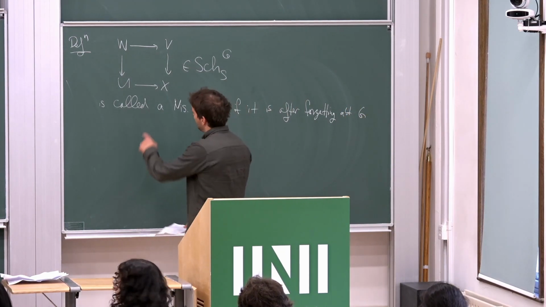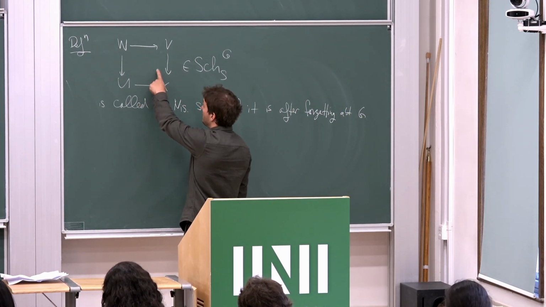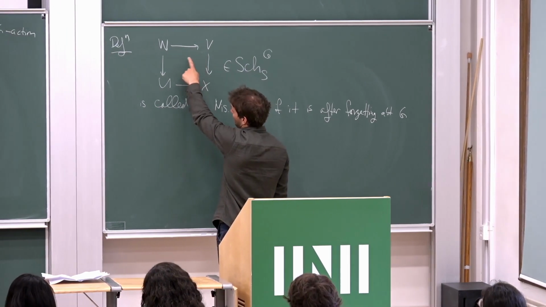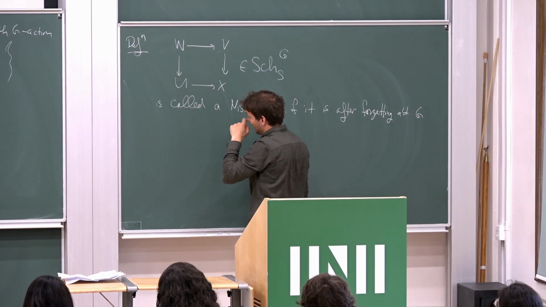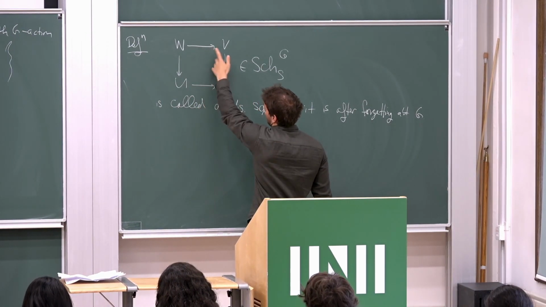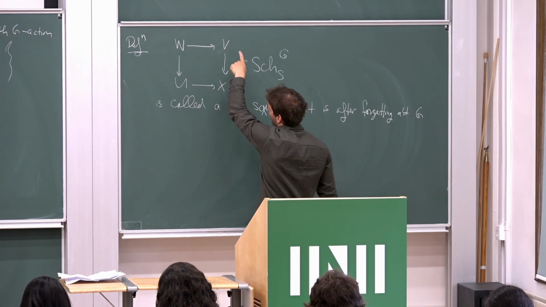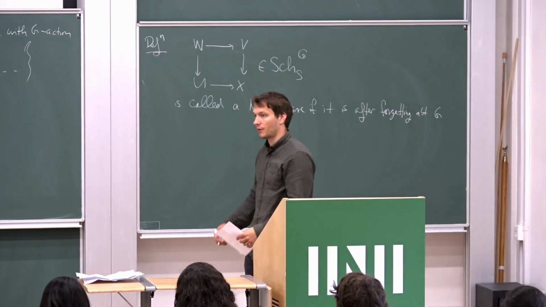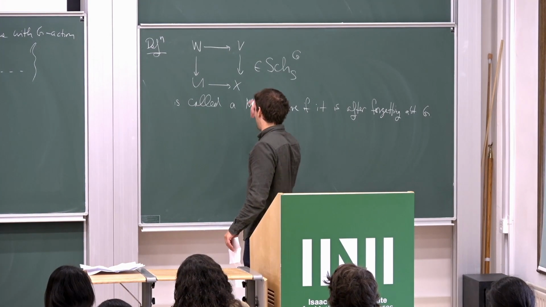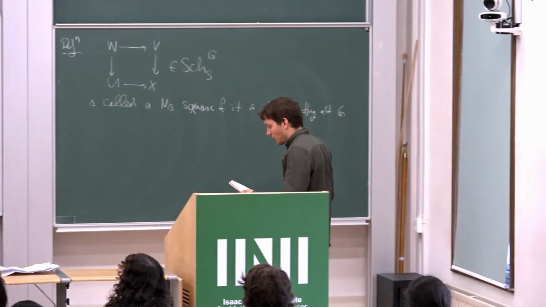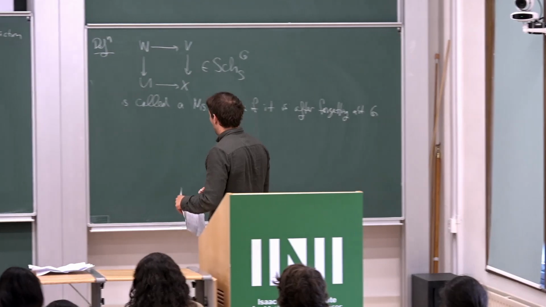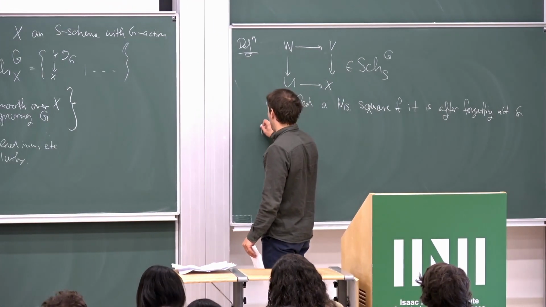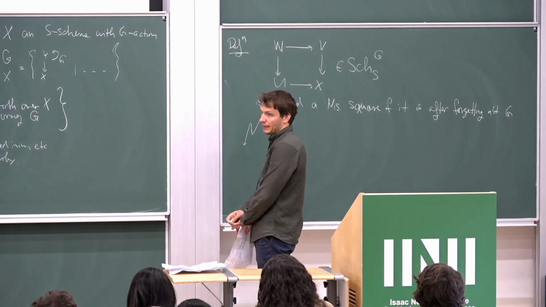In other words, this morphism is an open immersion, this morphism is an étale morphism, the square is Cartesian, and if you look at the closed complements of these open immersions, there's some induced morphism, which is an isomorphism, let's say if you choose the reduced closed structure, although it doesn't matter which one you choose. Okay. And so then out of this, in the usual way, you can build your Nisnevich topology.